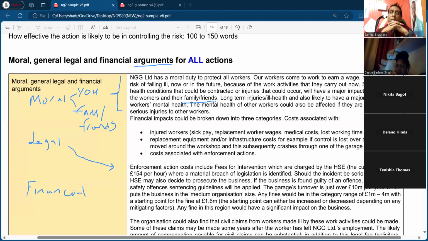We can start this off differently. We can say the moral duty refers to the right thing to do. Bakewell has that sort of responsibility to its staff and customers, in that workers are protected from fatigue and mental ill health during the course of their work.